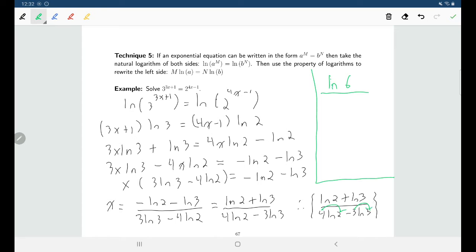These could be brought in as powers: natural log of 2 to the 4, which is the same thing as 16, minus natural log of 3 to the power of 3, which is 27. And then this last part, natural log of 16 minus natural log of 27, would be natural log of 16 over 27.